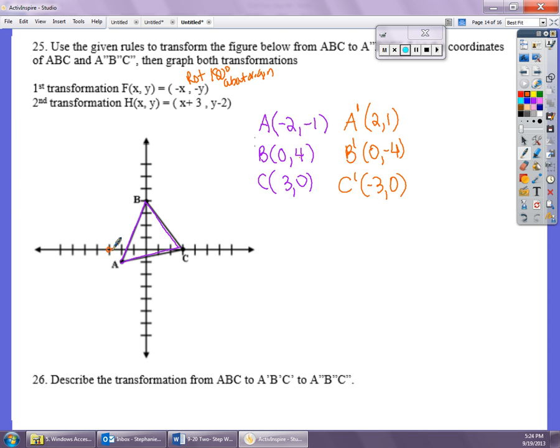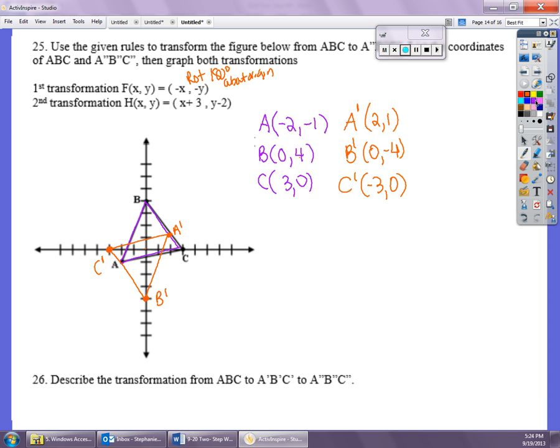So here is C prime. Here is B prime. And here is A prime. Okay, so when I connect my dots, there is my rotation. So if I put my pen right here in the middle and I flipped my paper upside down, I should be able to see that it's the same picture, but it's just been flipped upside down.